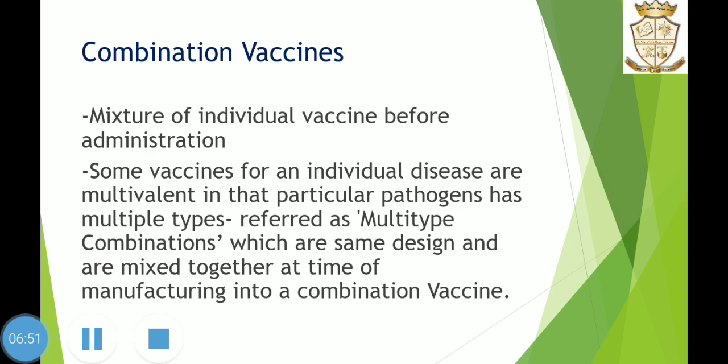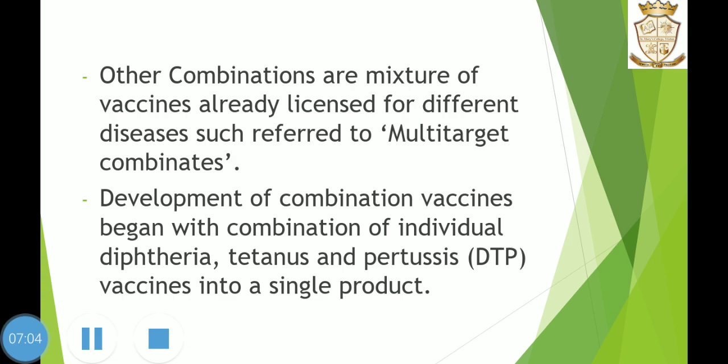The first is multi-type combinations, where the individual disease is multivalent in nature. The other combinations are mixtures of vaccines already licensed for different diseases, referred to as multi-target combinations. The development of combination vaccines began with the combination of individual diphtheria, tetanus, and pertussis vaccines into a single product.